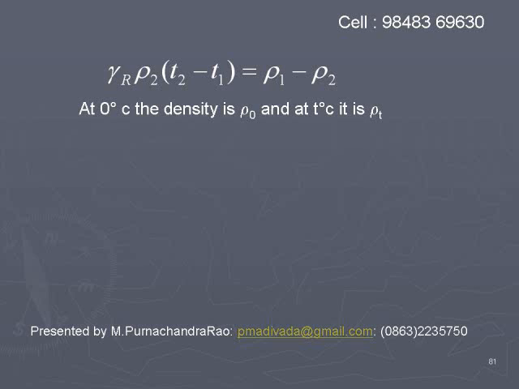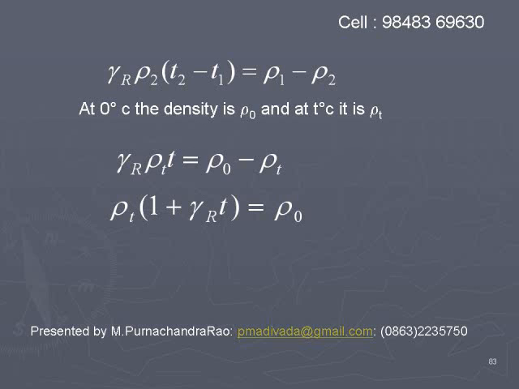At 0 degree centigrade, if you take the density as rho 0, and at T degree centigrade, the density as rho T, then substituting these values, we will get gamma r into rho T into T, where T represents the increase in temperature T2 minus T1, is equal to rho 0 minus rho T, or rho T into (1 plus gamma r T) is equal to rho 0.